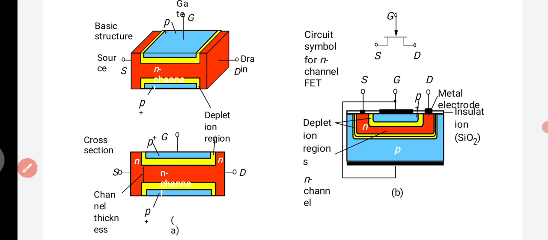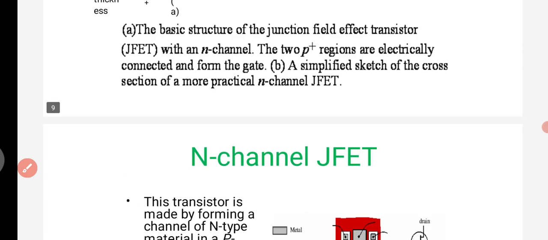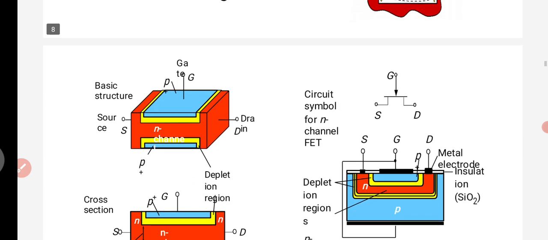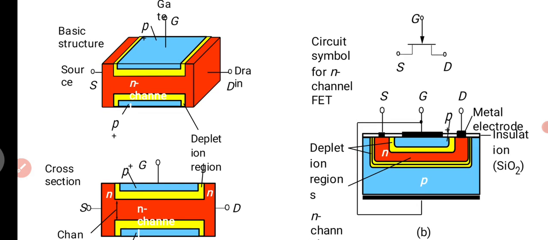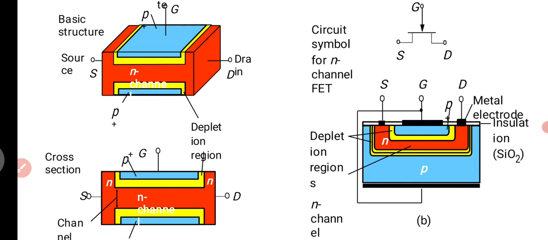In the same manner we go for the P channel. In case of P channel, we can consider the N-type substrate and the channel will be P. That is, the channel type is the P-type channel. The remaining will be the same, that is the ohmic contacts. Above the N-type substrate we can create a P channel.